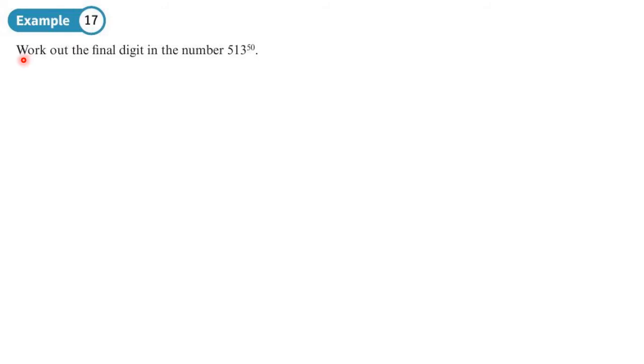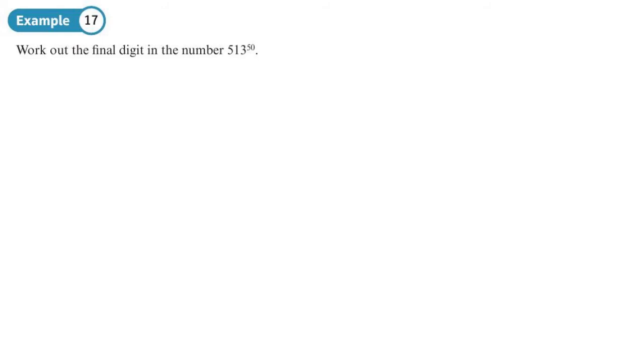Okay, this one says work out the final digit in this number. Now, whenever it doesn't say anything about divided by 5 or 6 or 11 like the last example, or under a certain modulus, it means we're working with normal numbers, which is modulus 10, because we work in base 10.